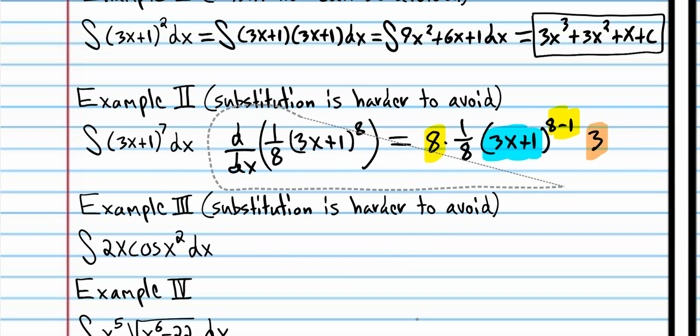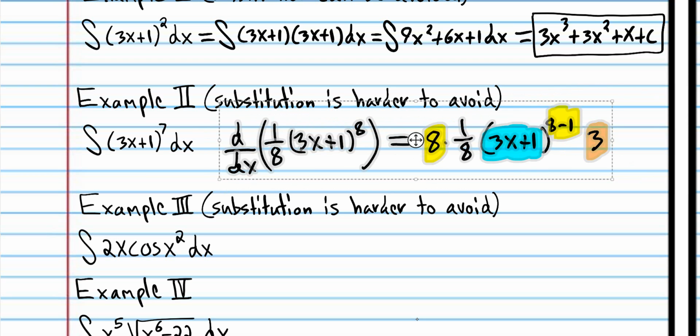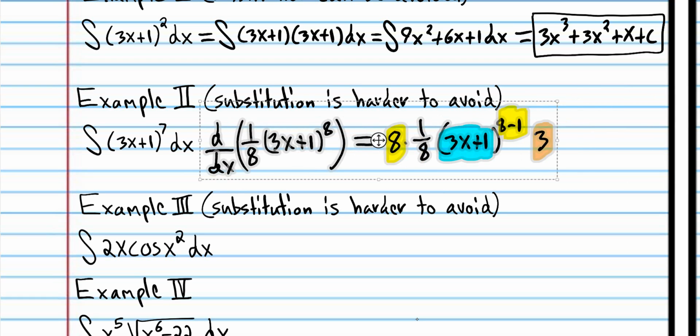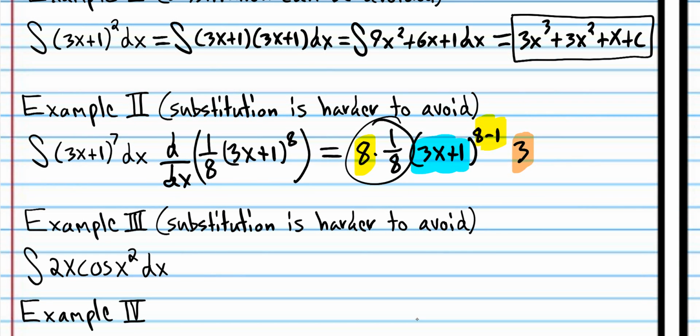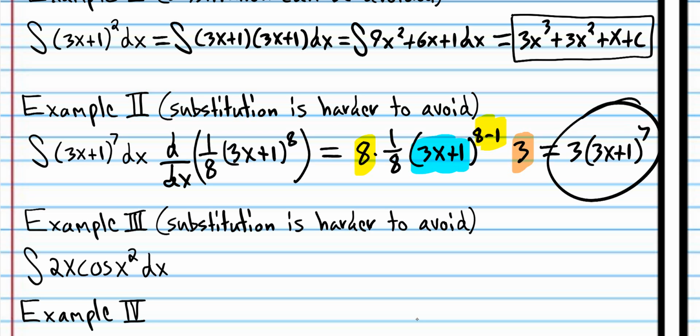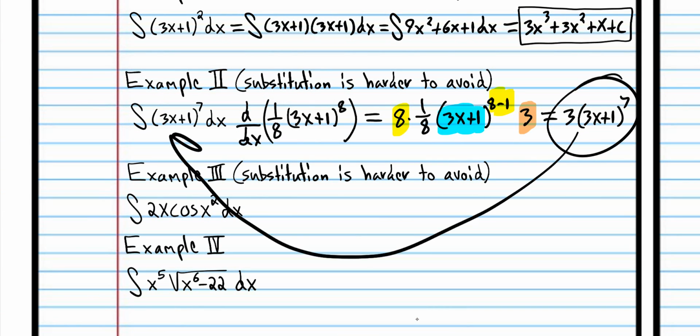So let's simplify. 8 times 1/8 is 1, so that goes away, but this orange 3 stays there. And 8 minus 1 is 7, so we get this. So that was close.